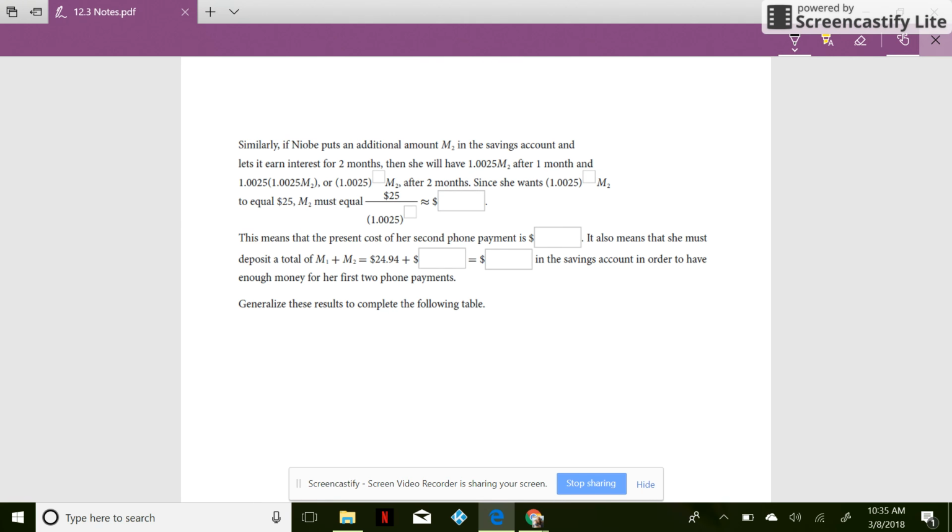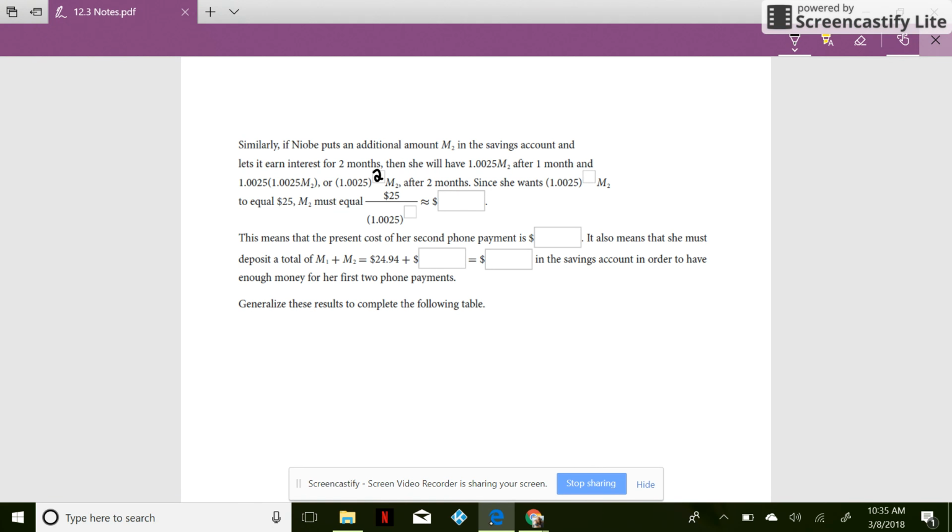So let's say instead she puts an additional amount M2 in the savings account, and lets it earn interest for 2 months. So then she'll have 1.0025 M2 after 1 month. And 1.0025 times 1.0025 M2, or 1.0025 squared times M2 after 2 months.